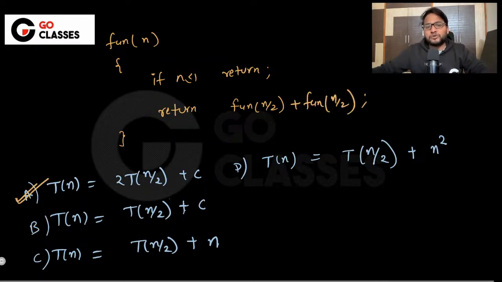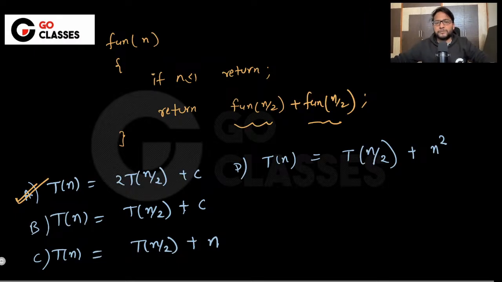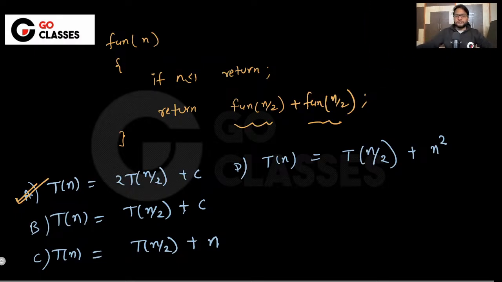If this is two times calling, then A is the answer. I hope you understood when A is the answer and when B is the answer. So this should be clear to everyone. Let me know if there is any doubt here, or is that okay to everyone?